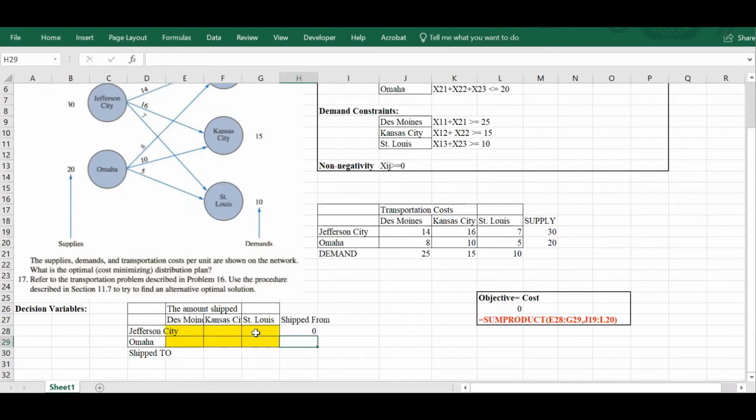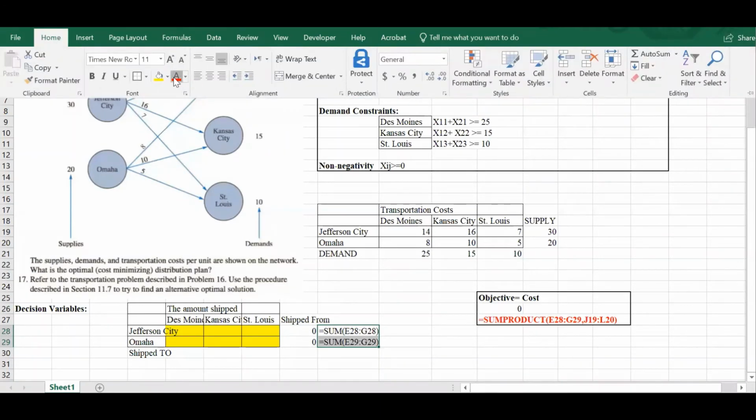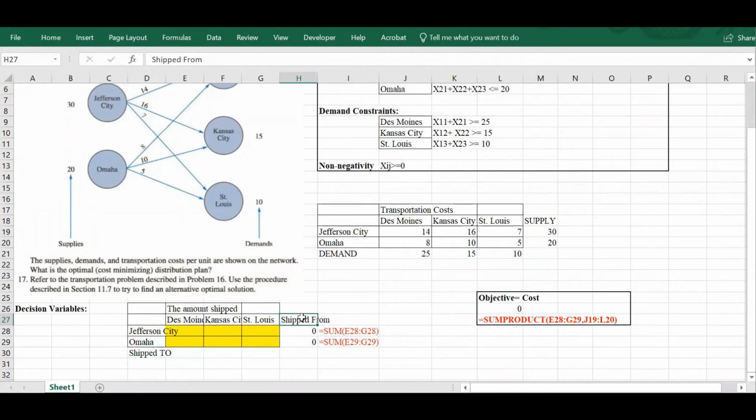All right. And same thing for supplier number 2. The total amount shipped from that would be equal to the sum of the amount shipped to buyer 1, buyer 2, buyer 3.